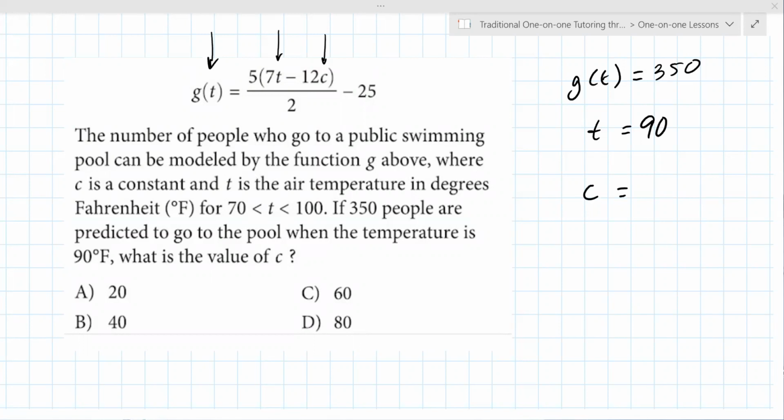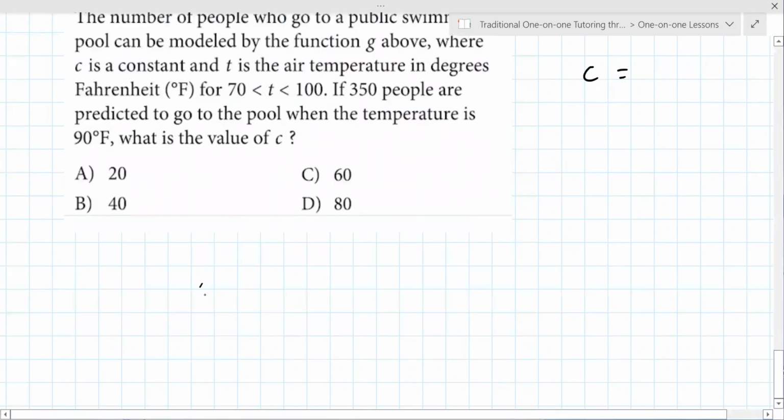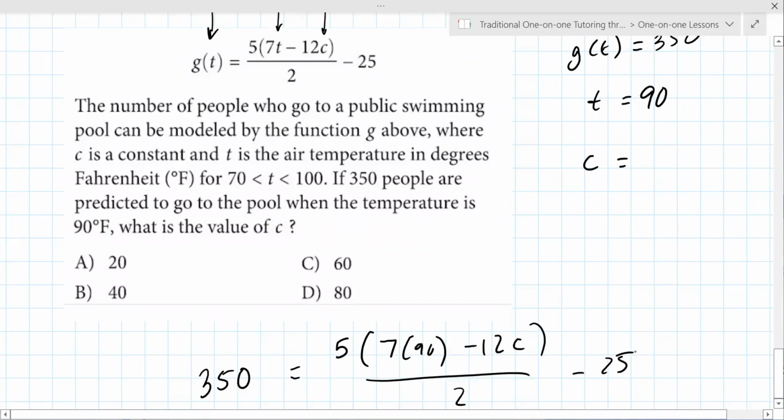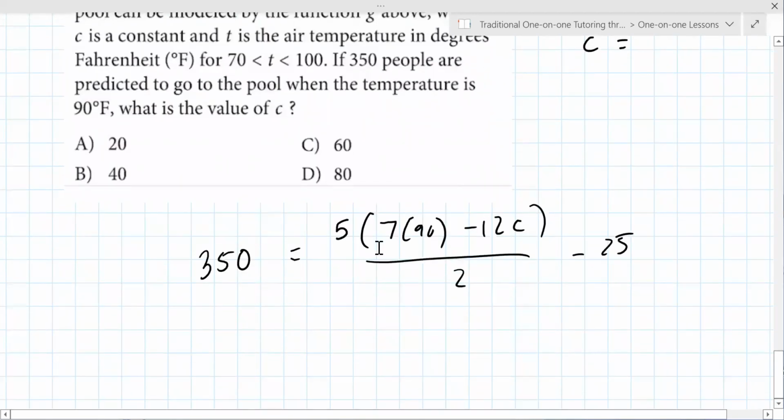This is one of those that really gets in there. So there's kind of two choices, right? You can either set the left side equal to 350, get the right side, so 5 times 7 times 90 minus 12c over 2 minus 25. So there's two approaches here. Did you try the numbers or did you solve this directly for C? I tried to solve it directly. Okay, so let's try the numbers.